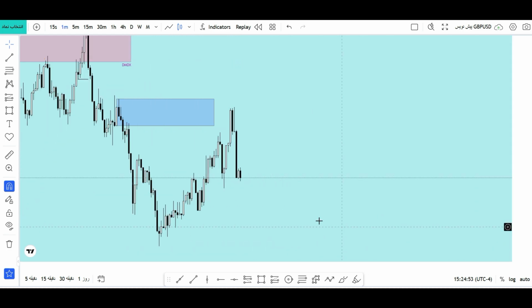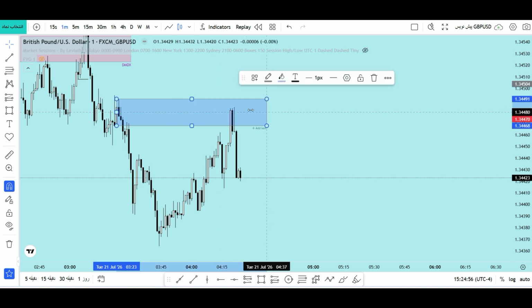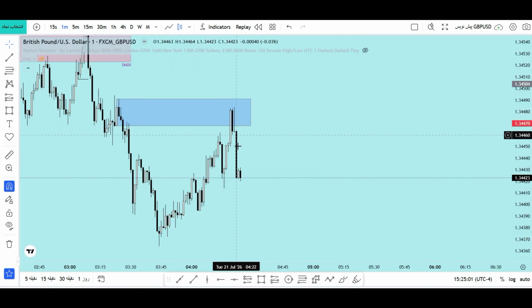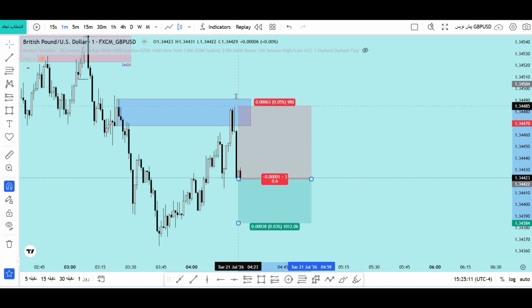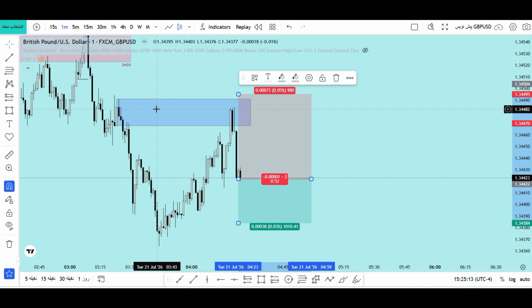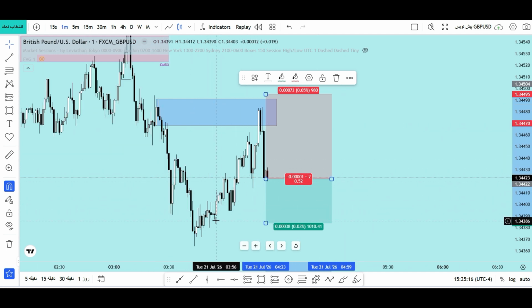Okay. As you see, finally price touched our setup area, and we have an engulfing candle here. So I will enter the position in this area, put my stop loss above the setup area. And what is my target?